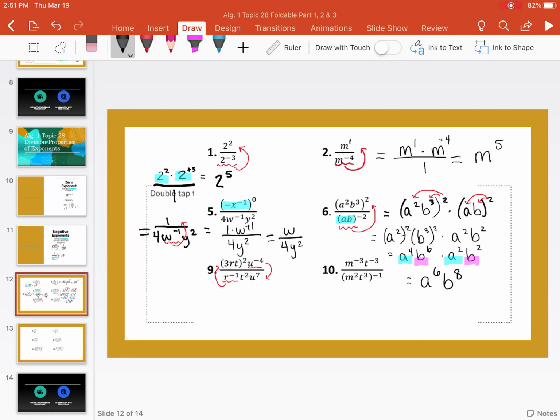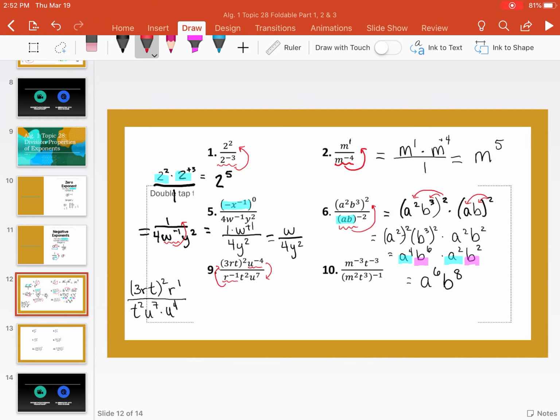So if we want to rewrite this, we have 3rt squared, quantity squared, times r to the 1st over t squared u to the 7th times u to the 4th. Everyone see how I've gotten there so far? So I've moved my r up because that's a negative exponent, and I've moved my u down because that was a negative 4 exponent there. So we want to get rid of the negative exponents, so we move it to the alternate part of our fraction.